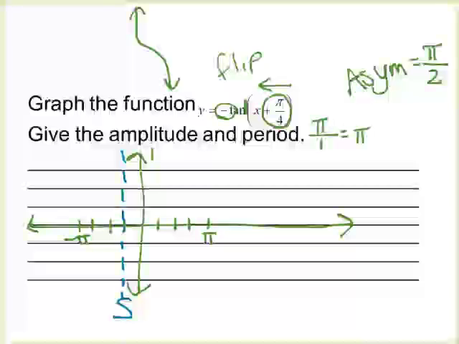Well, how big are each of the marks? A fourth of pi. So if I need to go to a half of pi, how many marks away do I go? 2 of them. 2 quarters makes a half. So I'm going to go 2 markings away and make my asymptotes, because 2 quarters is a half. And I need to go to a half of pi.